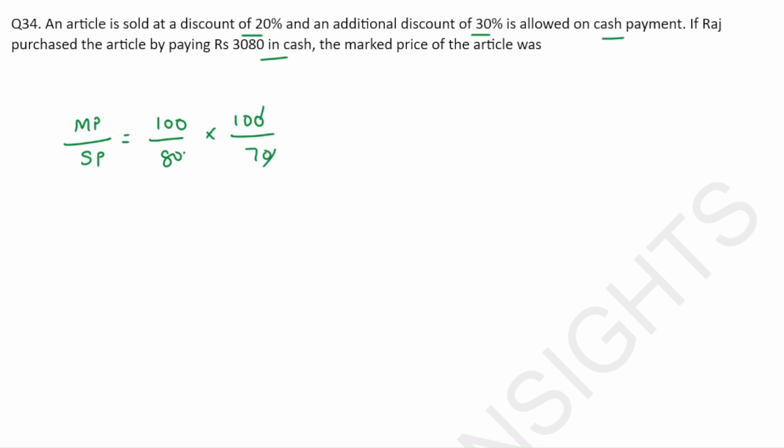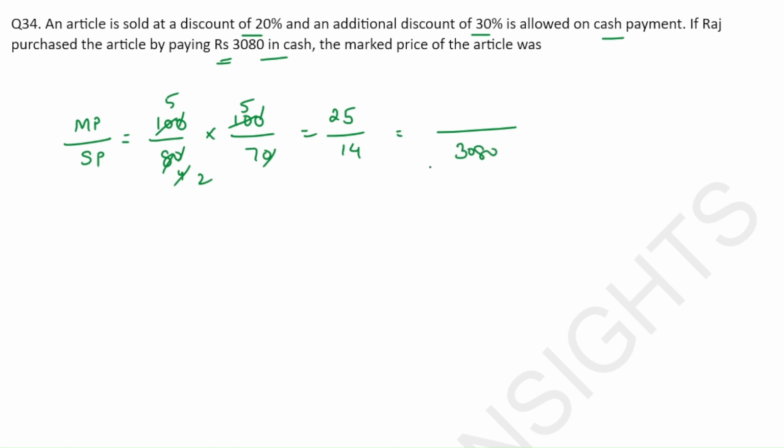So 0, 0 cancel, 0, 0 cancel, 2 5s are, 2 4s are, 2 2s are, 2 5s are. So that means this is 25 by 7 2s are 14. So in the question, he purchased means this is the selling price. Okay, so this is the selling price.